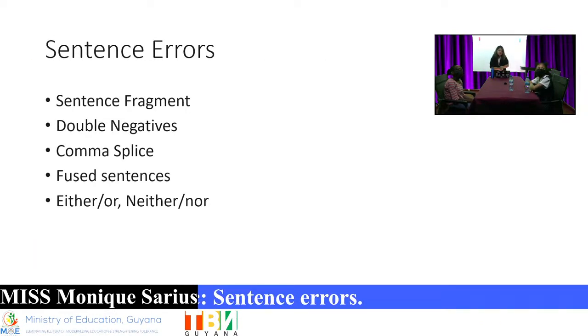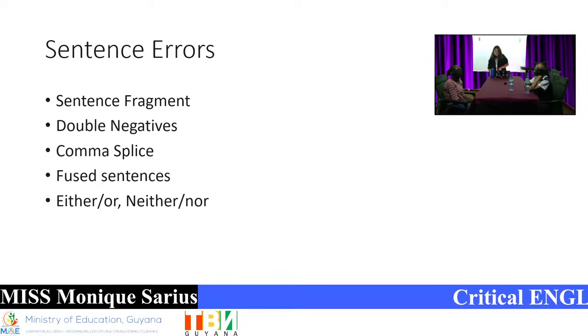So in review now, we did these here today. We talked about sentence fragments, we spoke about double negatives, comma splice, run-on sentences, either or, neither nor, and some easy mistakes that you can make. So let's do a quick review. We're going to start with Alicia first.